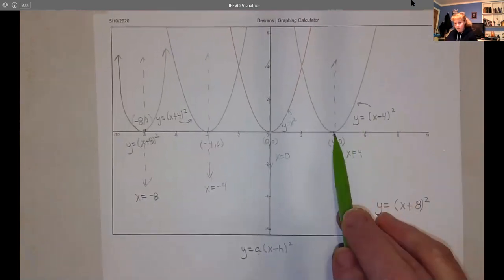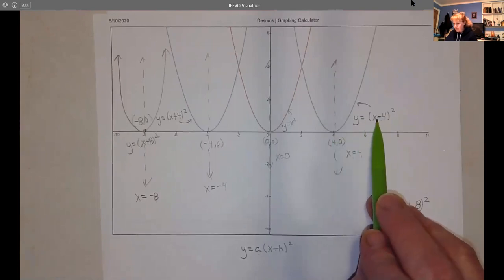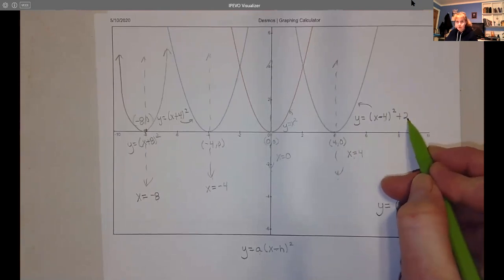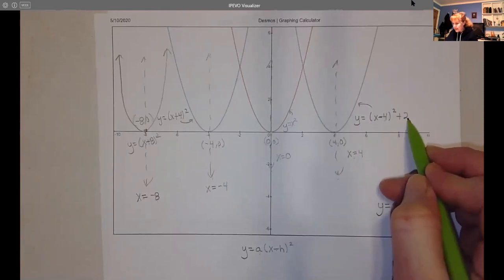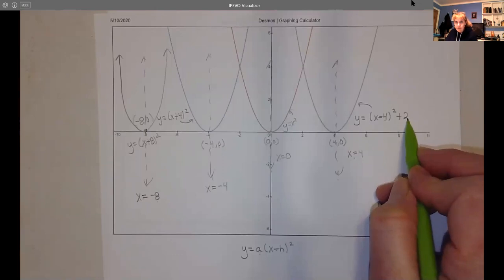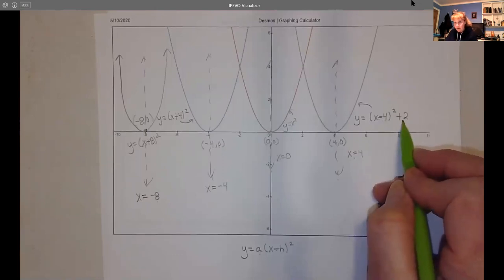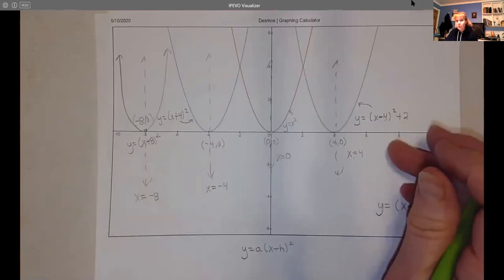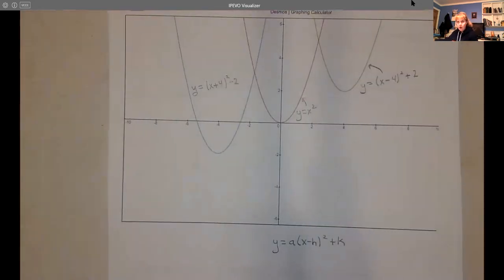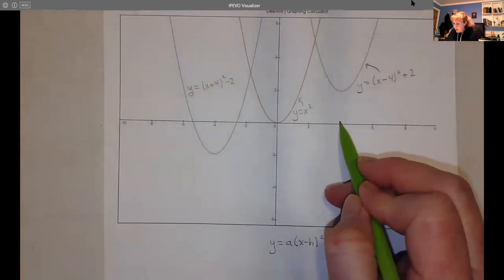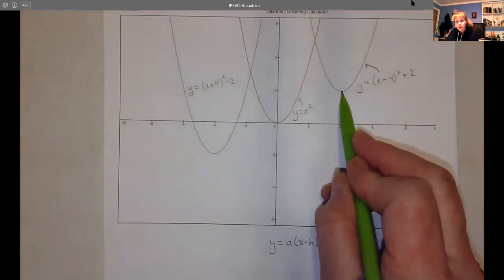I took this green graph, (x - 4), which shifted to the right 4, and I added a 2 to it. What happens if I add a 2 out of the parentheses, not in the parentheses? Notice what happens to the graph. It went up 2.